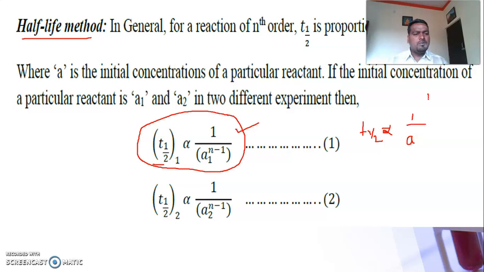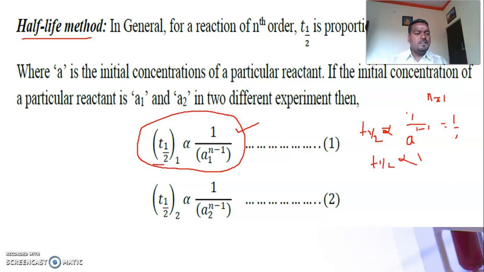Let us take first order, n is equal to 1, then it becomes a power 1 minus 1, which is a power 0. A power 0 is nothing but 1. So t half is proportional to a constant.